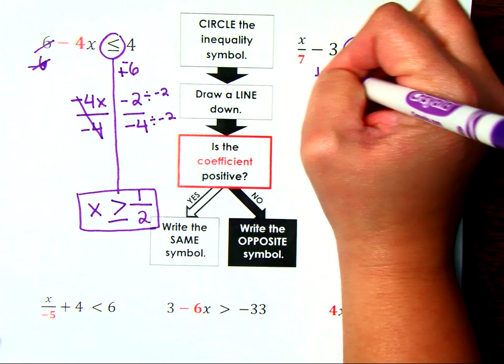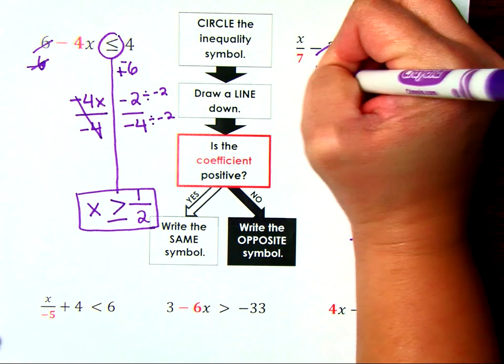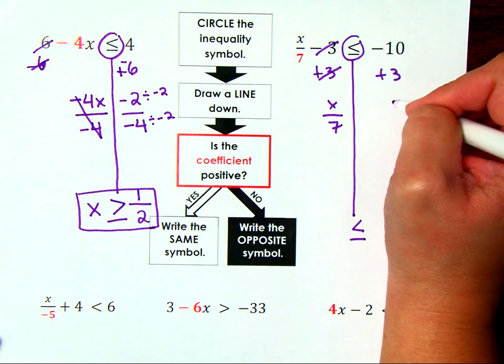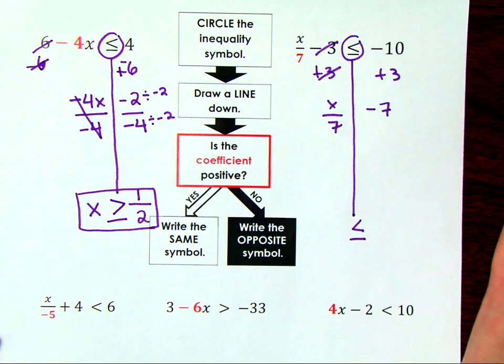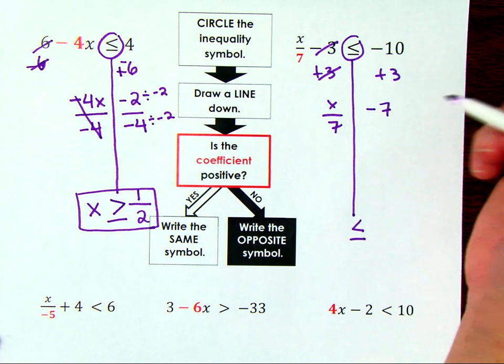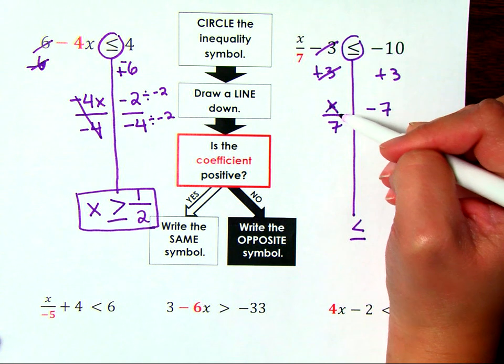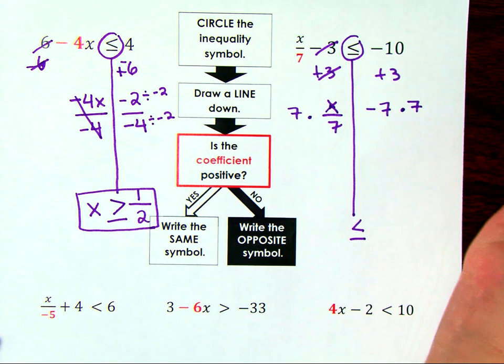Get rid of the constant. That cancels out. Negative 10 plus 3, the signs are opposite, so we subtract. 10 minus 3 is 7. There are more negatives. Then we are going to do the opposite. We want this x by itself, so the opposite of dividing by positive 7 is multiplying by positive 7.